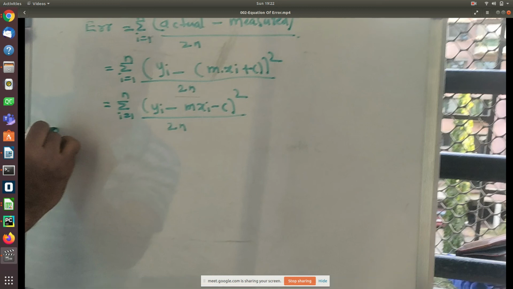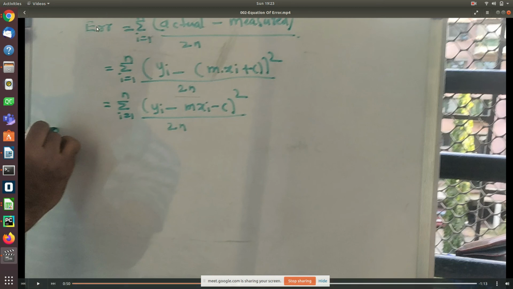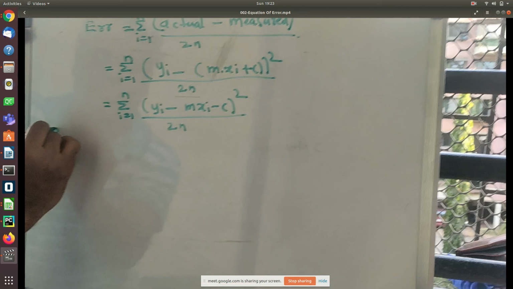Can anybody tell me? y is equal to mx plus c में slope find out करना है तो हमने dy by dx किया था, right? We have already seen that in the first video, on the second video. But if my error equation is done like this, where these two are the variables, how do I find the slope? Anybody?